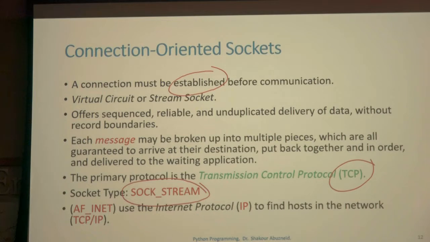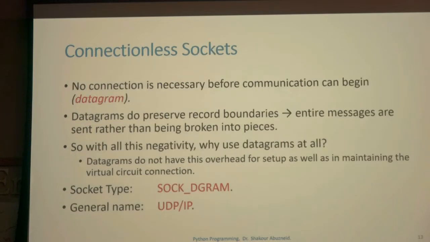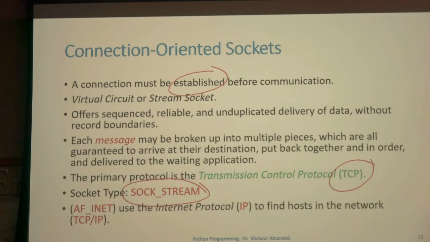That's what we use for the Internet protocol using the IP. We're talking here about what? Connection oriented, and I'm sure you are experts now. What is connection oriented? Like mail or phone? Like phone, right?